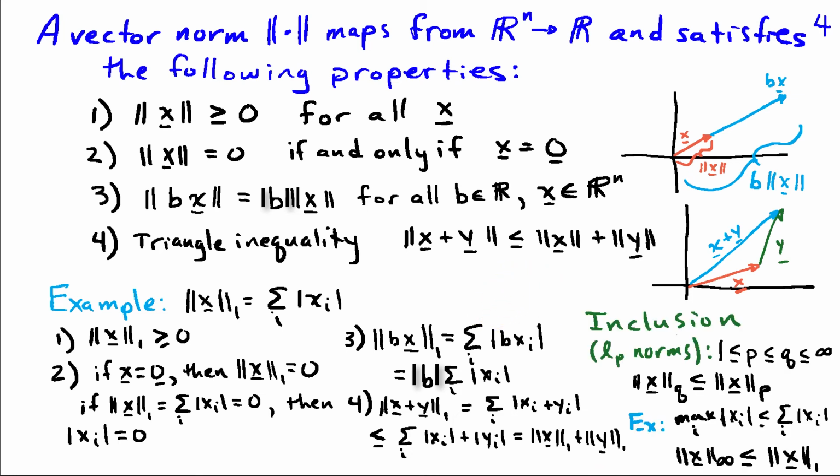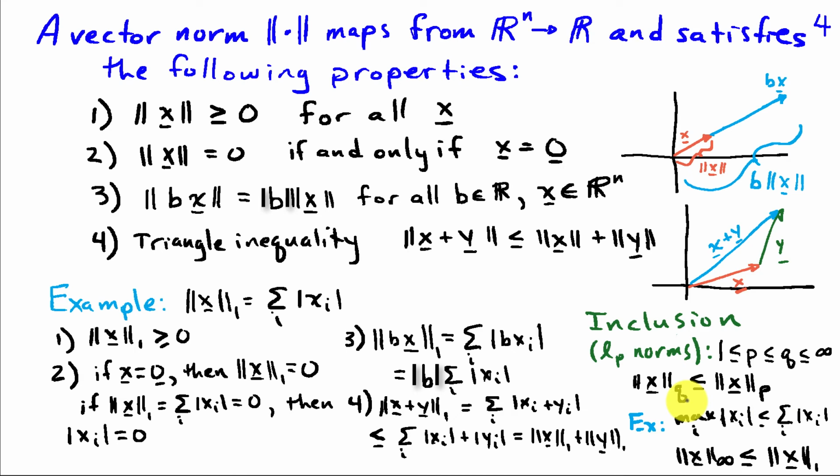So one property of norms that applies to LP norms, like we defined in the previous slide, is the inclusion property. So we're going to define constants p and q where p is less than or equal to q, and both of these constants are greater than or equal to 1. In this case, the Lq norm is less than or equal to the Lp norm.